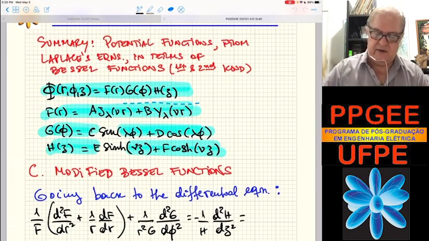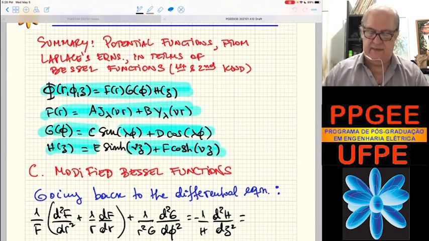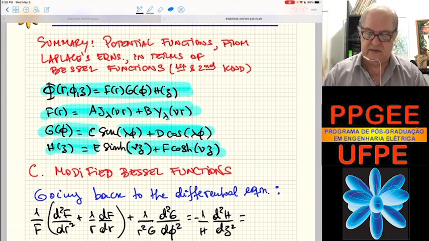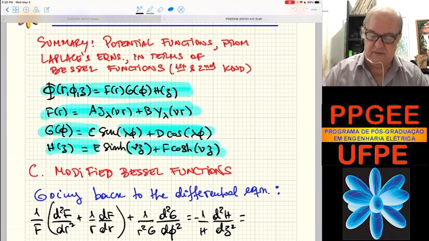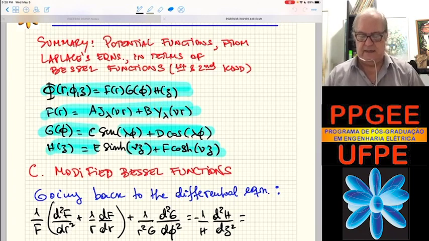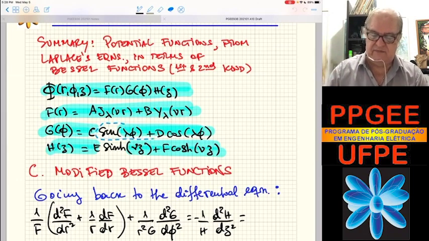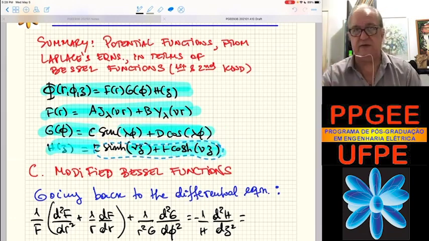The radial dependence relies on either the Bessel function of first kind, or the Bessel function of second kind, the Neumann function, if lambda is real. If lambda is an integer, you're going to have to use a Neumann function instead of y. Otherwise, you can use those y functions here. For this type of choice, we have periodic functions in phi and hyperbolic functions in z. You can use exponentials also.